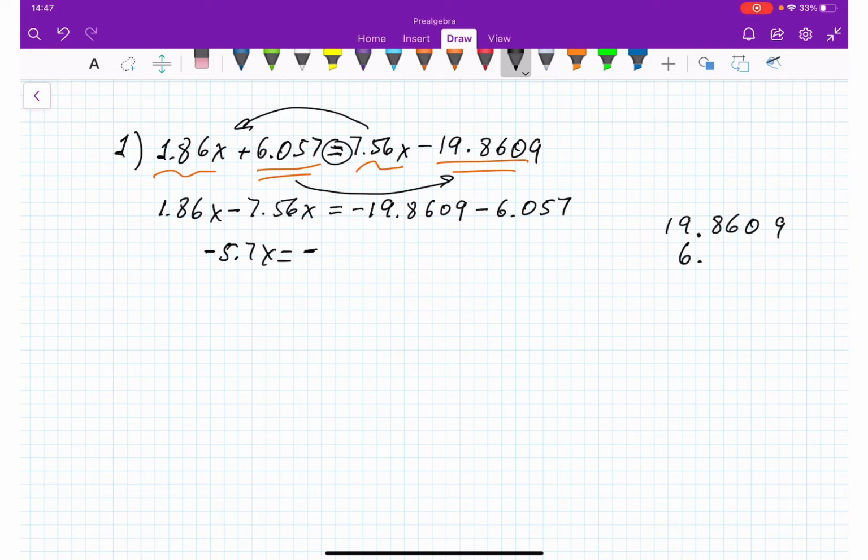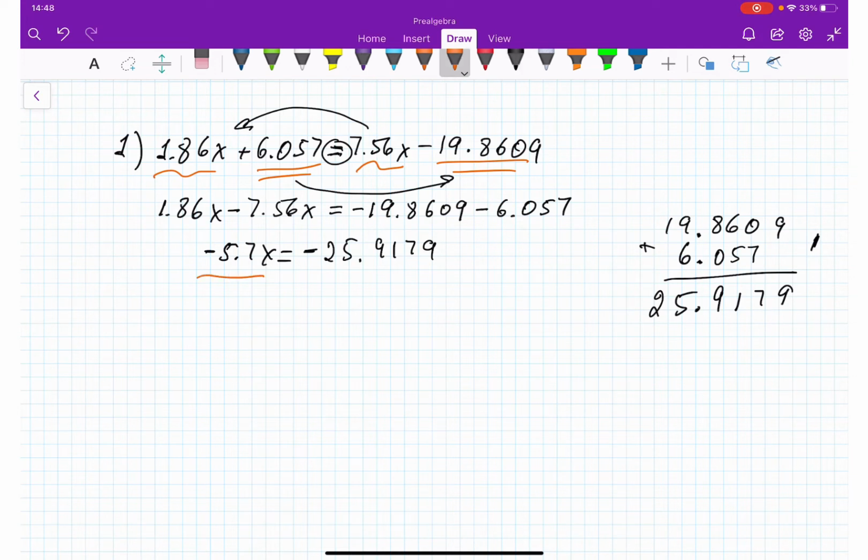And again, decimal points are lined up. 9 plus 7 is 16, 1 in mind, 8 and 1 is 9, 9 plus 6 is 15, 1 in mind, 1 and 1, 2. So it's going to be negative 25.9179. Okay, we need x, so we divide by negative 5.7.